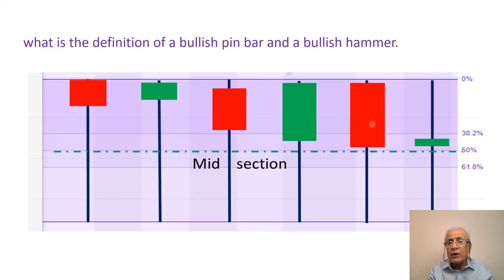This is a bullish pin bar. This is a bullish pin bar, and this is a bullish pin bar. So you know how to recognize a bullish pin bar and a bullish hammer.